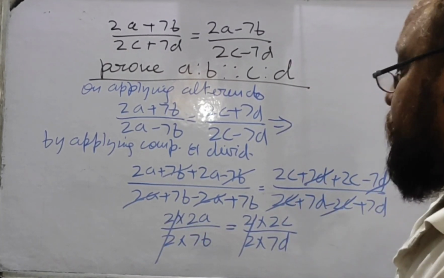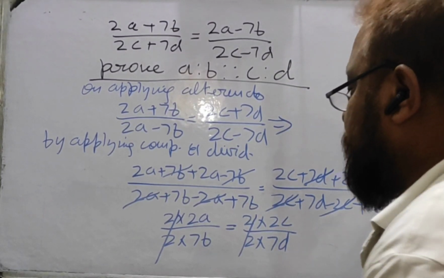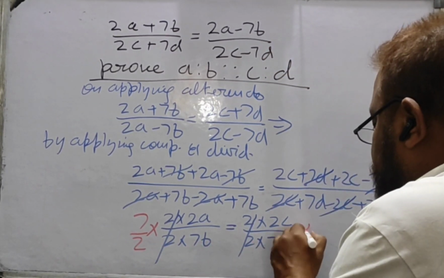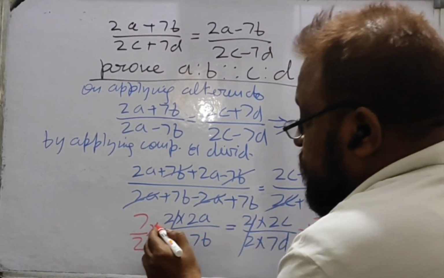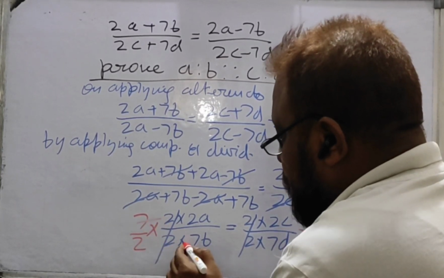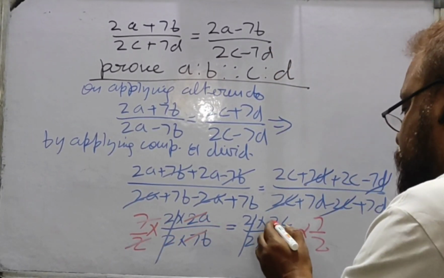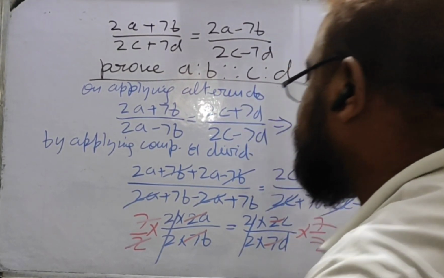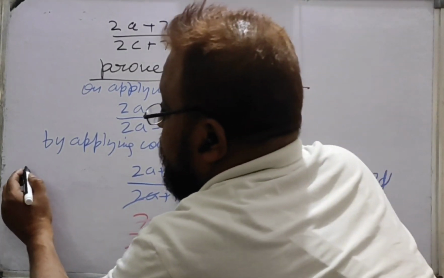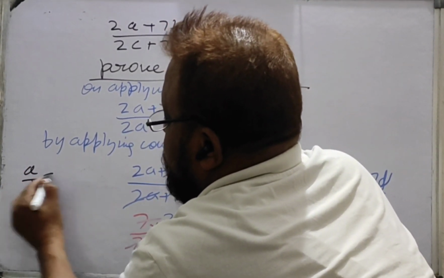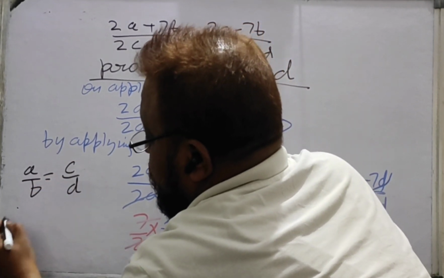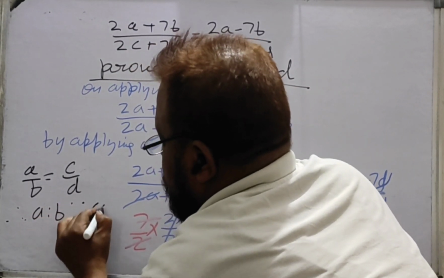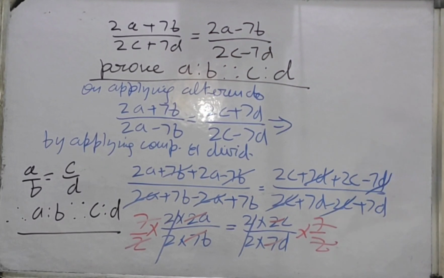Multiplying both sides by 7 by 2, this 7 and 7 gone, this 2 and 2 gone, and at last you get a upon b is equal to c upon d. Therefore a ratio b proportion c ratio d. This is the answer.